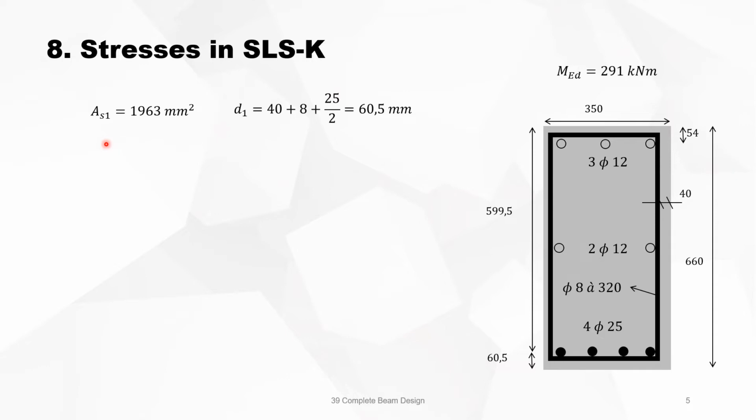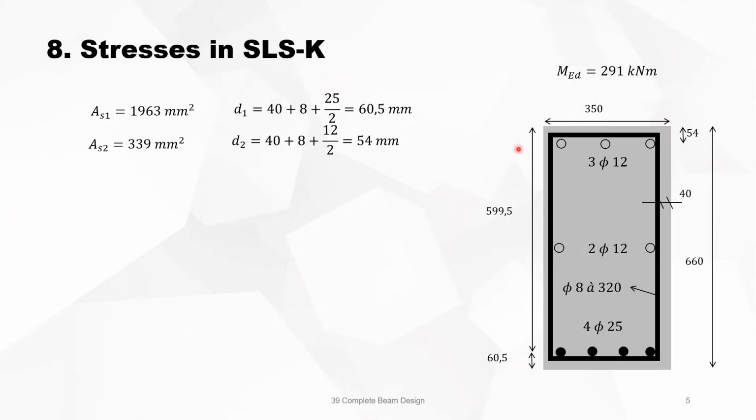The tension reinforcement was 4 diameters 25, and the point of gravity of the tension reinforcement is the concrete cover plus the stirrup diameter plus the point of gravity of the reinforcement, which gives you 60.5 millimeters.